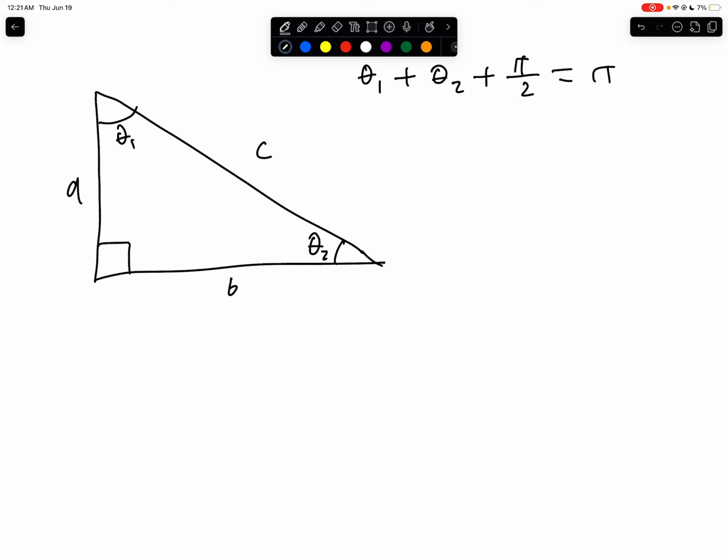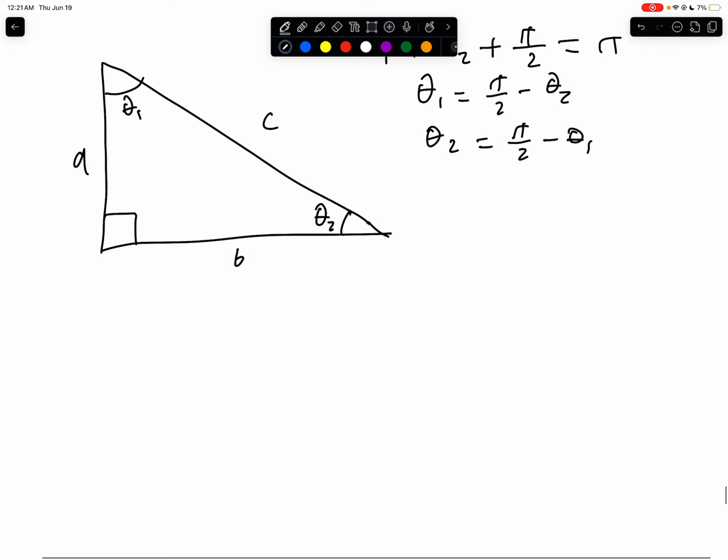In other words, theta 1 plus theta 2 plus 90 degrees has to equal 180 degrees, since in Euclidean geometry the sum of angles in a triangle is 180 degrees. So if we want to express theta 1 in terms of theta 2, theta 1 would just be pi over 2 minus theta 2. And theta 2 is just pi over 2 minus theta 1.